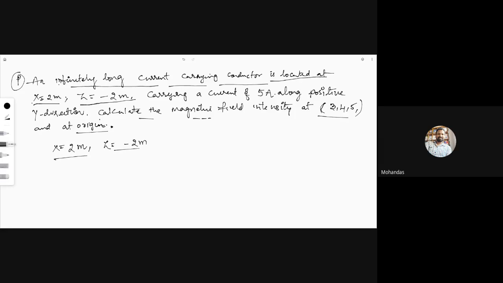So now listen carefully here. What do you mean by X equal to 2 meters? What does Z equal to minus 2 meters represent? Can you guess? In the beginning we discussed constant coordinate surfaces. What do you mean by constant coordinate surfaces and how do we generate them?